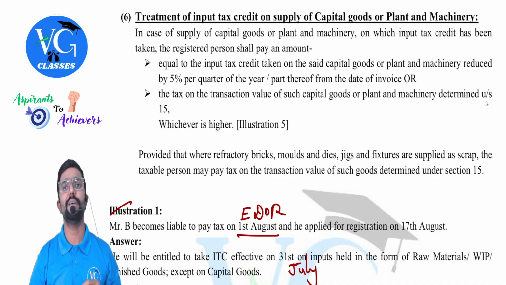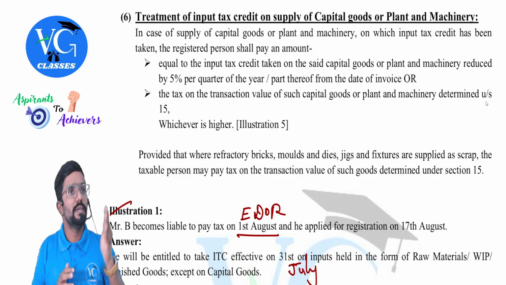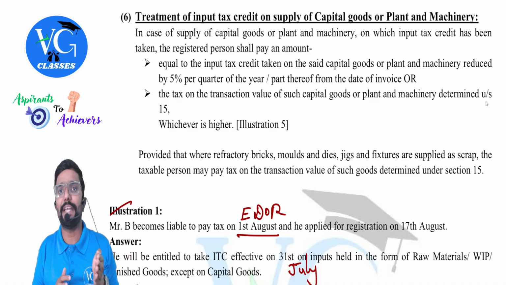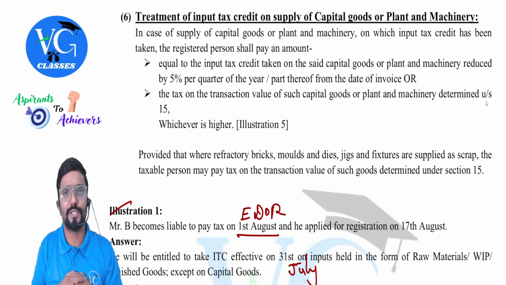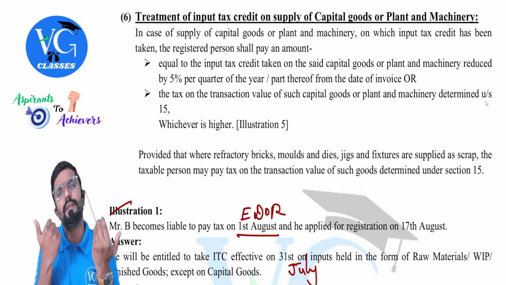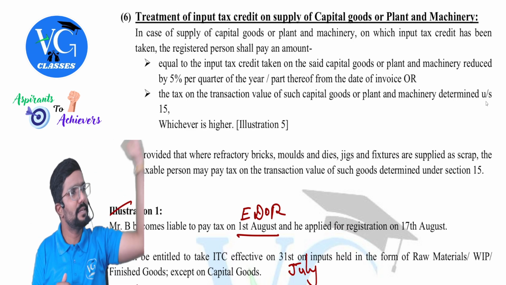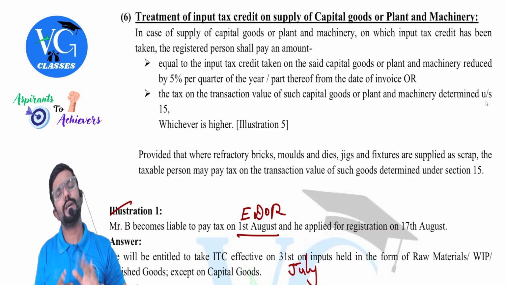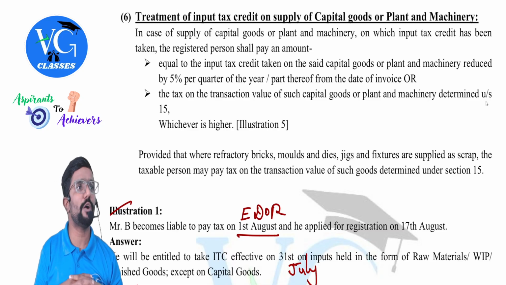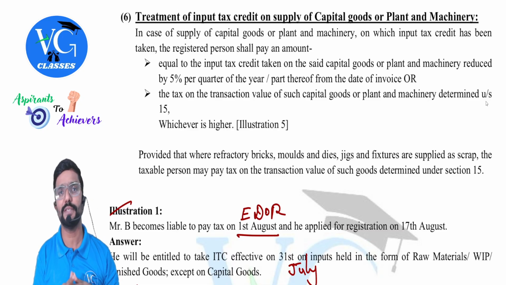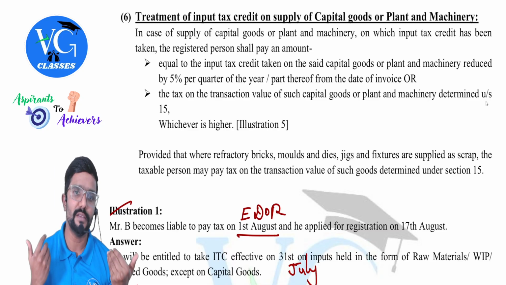Guys, what they are trying to cover here is simple. Listen. Sir, I purchased capital goods or plant and machinery to use it in my business. When I purchased, I paid GST. Can I claim the credit? Yes. If you have not capitalized the GST in income tax, they will give you a credit. Assuming I had not capitalized the GST component in income tax for depreciation purpose, can I claim credit in GST? Yes.